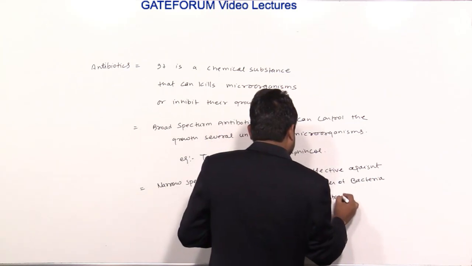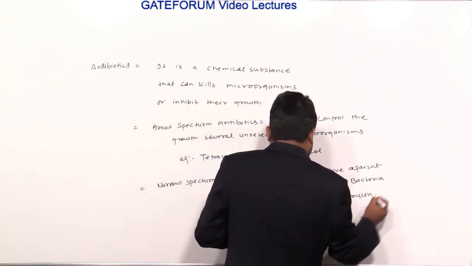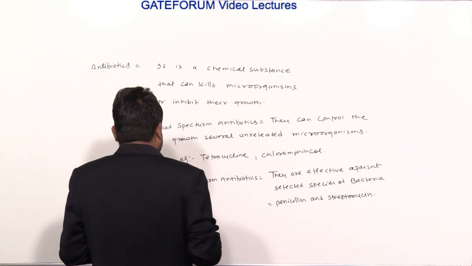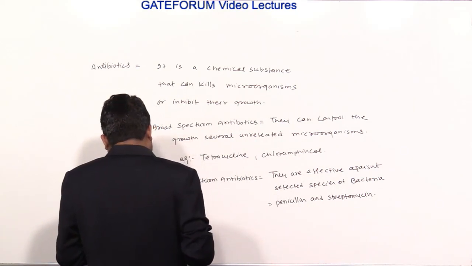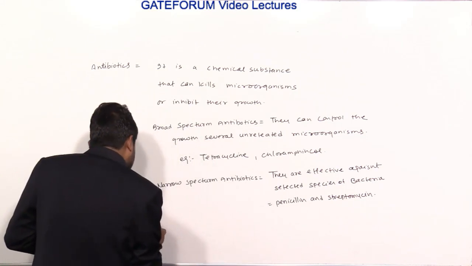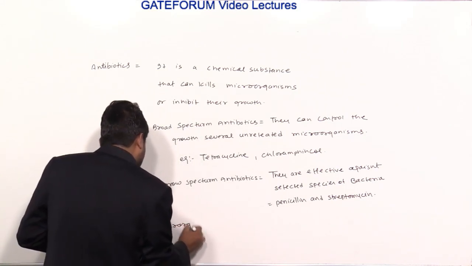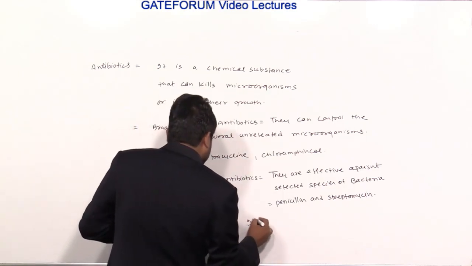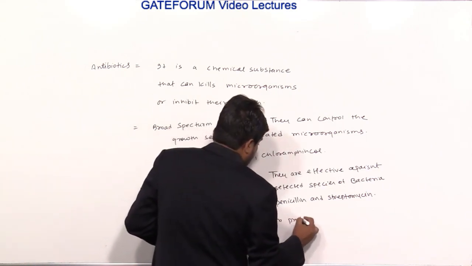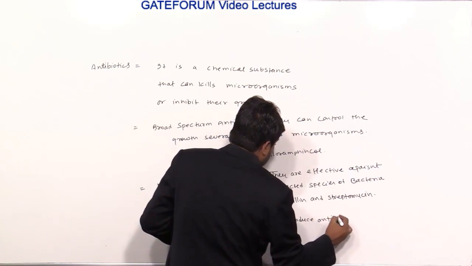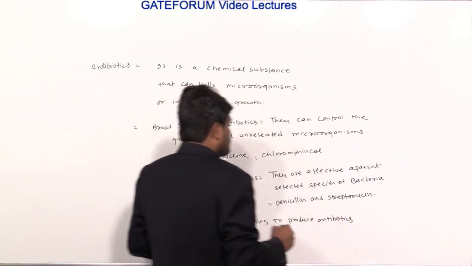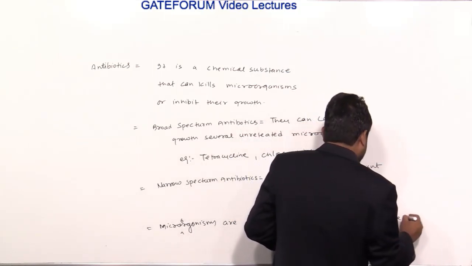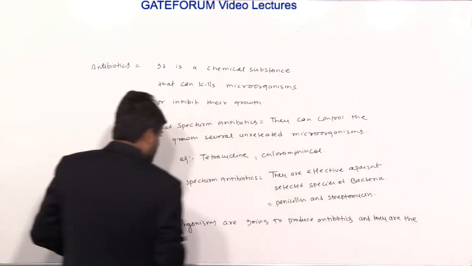A large number of antibiotics are produced by microorganisms. Microorganisms produce antibiotics, and they are the products of secondary metabolism.